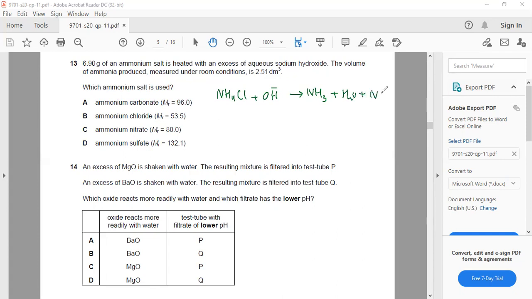Suppose it is NaOH, then NaCl. We don't mind about these two. The examiner has asked only about ammonia produced, 2.51 dm3. It means ammonium to ammonia. If it is 1 mole, then 1 mole means 24 dm cube under standard condition.